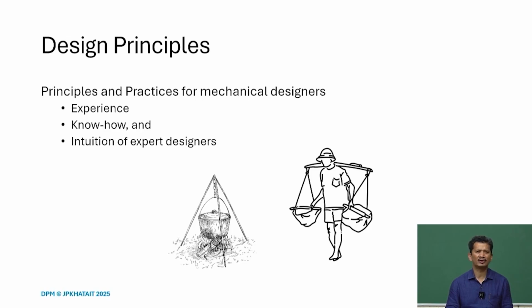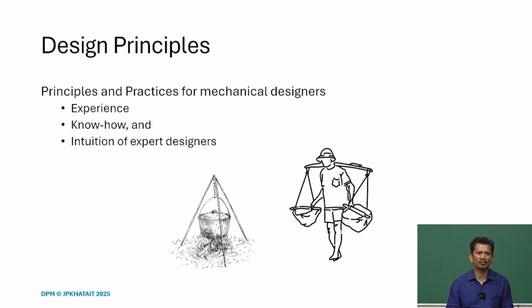So, many times what we realize is that these design principles or the rules, or what we can also call elements of mechanical design, they come through experience. One who is working at the shop floor with the machines, designing machines or products for different applications, they realize what are the things which work most of the time and what are the things which do not work.